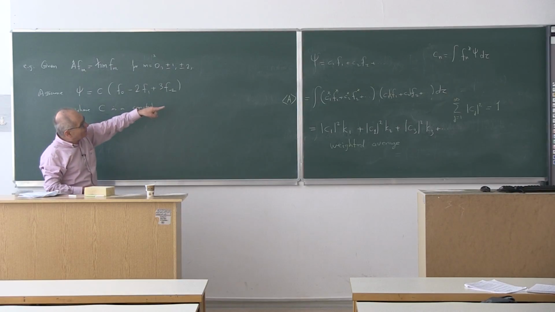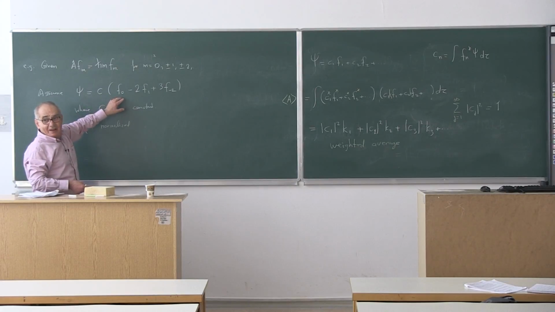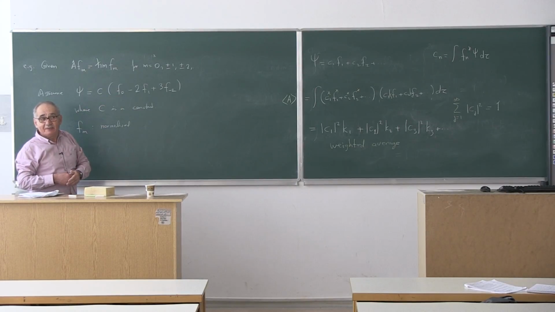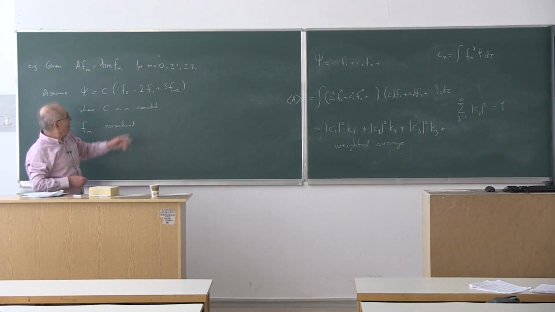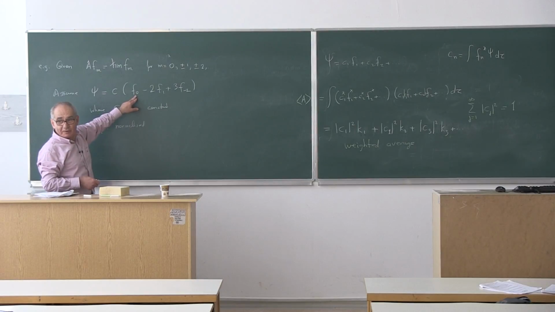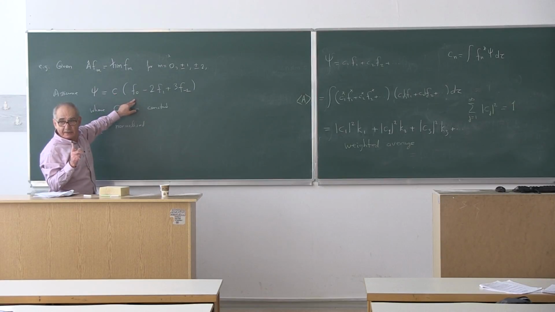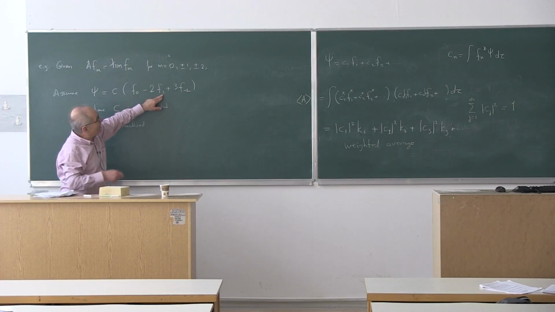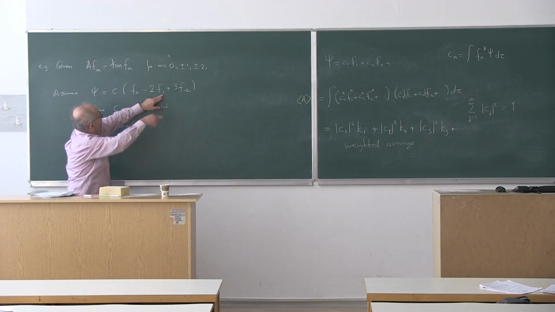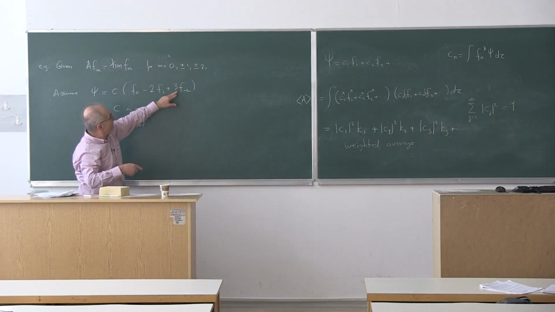So if you compare with that expression, here, how many coefficients are different from 0? Coefficient of f0, that is different from 0. What is the coefficient? C, right? What is the coefficient of f1 if you compare it with that one? It is minus 2 times C. What is the coefficient of f minus 2?